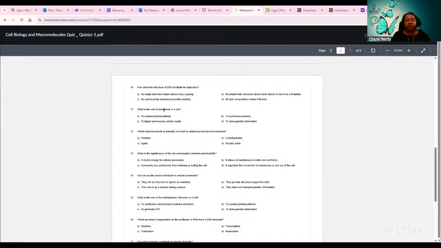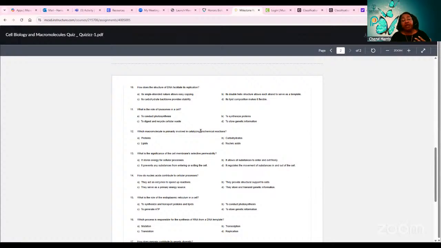All right, which macromolecules are primarily involved in catalyzing biochemical reactions? A catalyst is something that when you add it to a chemical equation, it helps break things down. That's what enzymes do. So once you figure out that enzymes are your catalysts, then you have to ask, what is an enzyme?